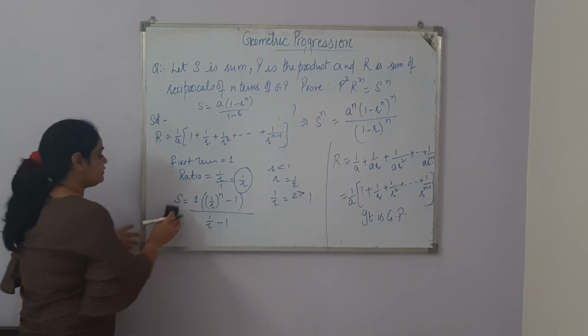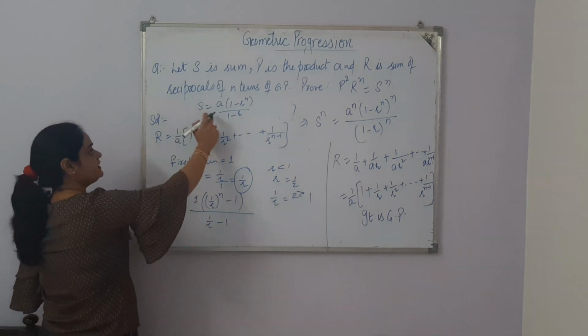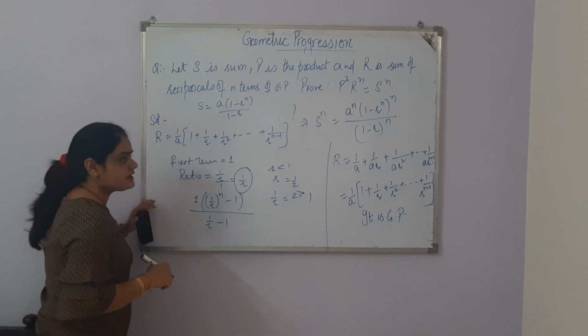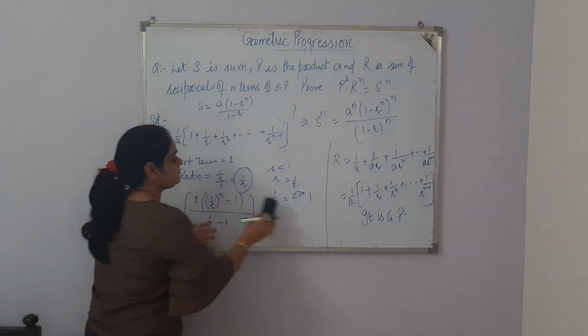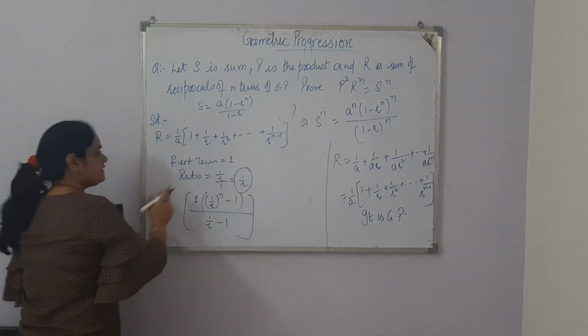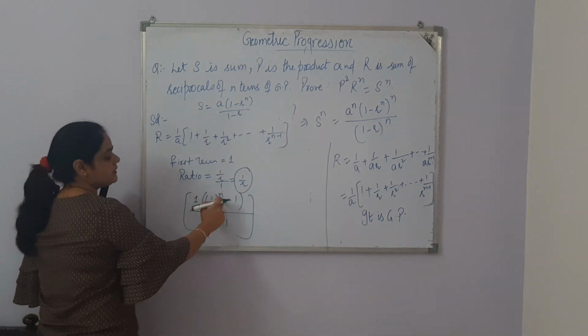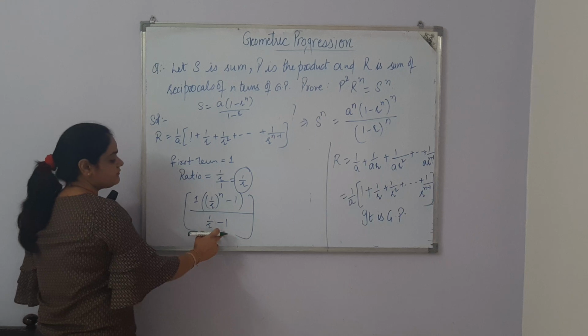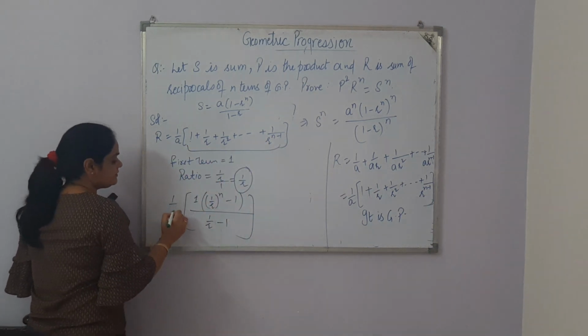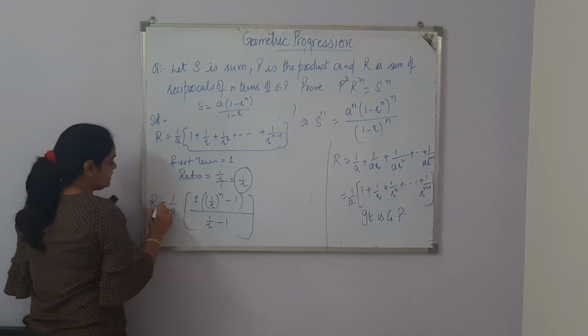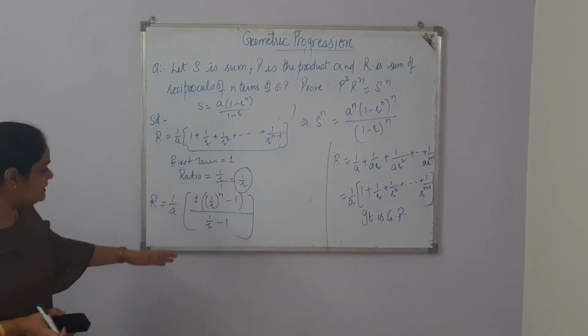I cannot name it as s because s is already a into (1 minus r raised to power n) upon (1 minus r). So its sum is 1 into (1 by r raised to power n minus 1) upon (1 by r minus 1). Its sum is this, and outside 1 by a was there, and it is R, capital R.